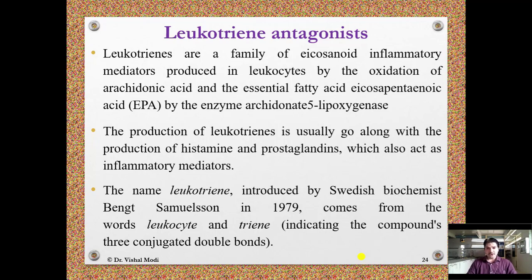The production of leukotrienes usually goes along with the production of histamine and prostaglandin, which also act as inflammatory mediators. The name leukotriene, introduced by Swedish biochemist Bengt Samuelsson in 1979, comes from the words leukocyte and triene, indicating the compounds have 3 conjugated double bonds.